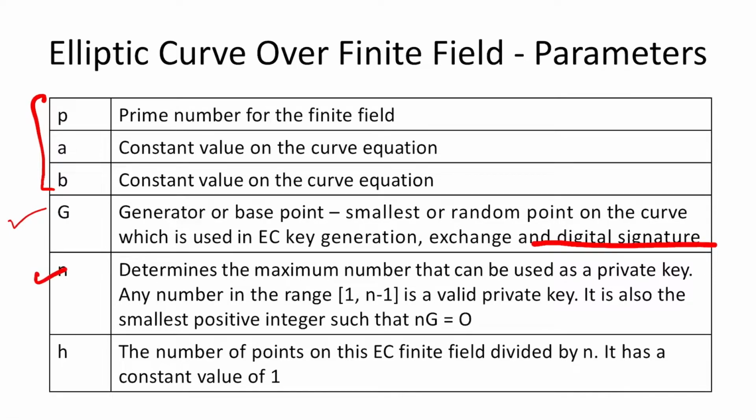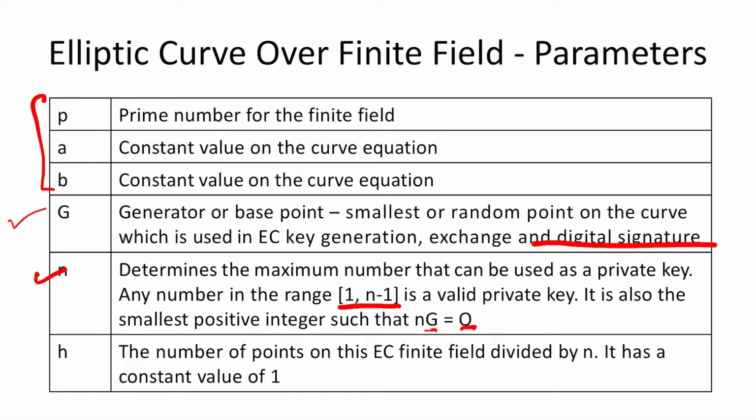The parameter n determines the maximum number that can be used as an elliptic curve private key. Any number in the range of 1 to n-1 is a valid private key. This is also the smallest positive integer which, when multiplied with the generator point, results in the infinity point, or the identity element that we have as part of our finite field.